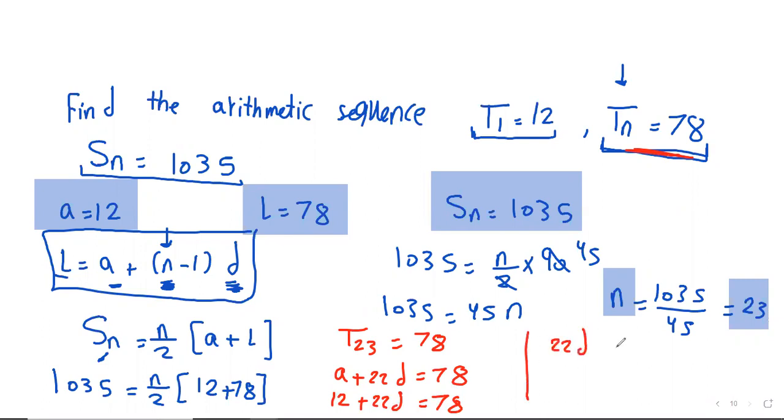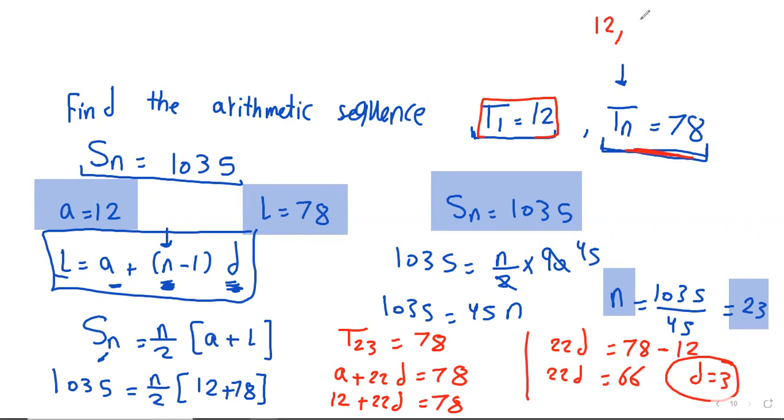So 22D equals 78 minus 12, which is 66, divided by 22, so D equals 3. Now we have D, so we can form the sequence. The first term is 12, and D is 3. The second term will be 15, and the third term will be 18, till 78. That is the sequence.